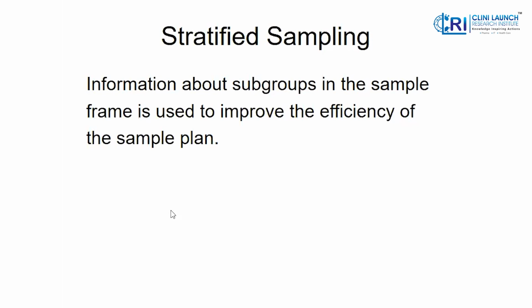If you want to do a survey, where you will be collecting your data on the age of the participant, gender of the participant, their income status, their residence, whether they live in urban or rural areas, or any other variable, then before sampling only, you have to decide for which variable you will make the strata.